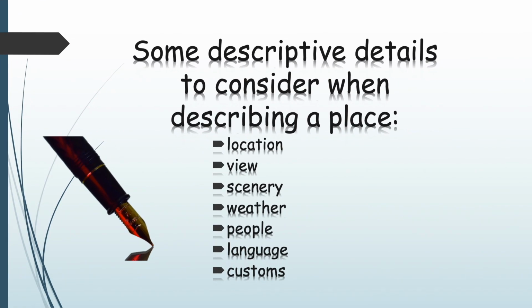Some descriptive details to consider when describing a place: location, view, scenery, weather, people, language, customs.